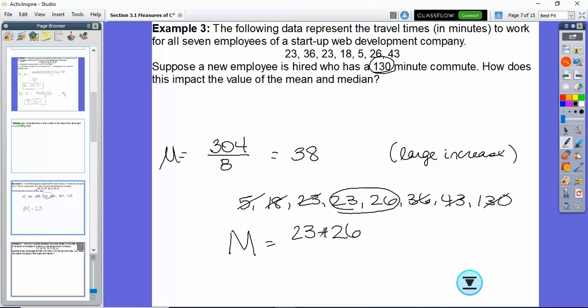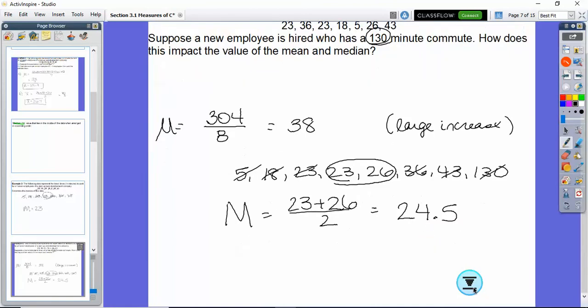So we have to add those up, divide by 2, I get 24.5. How does that compare to the previous one? Yeah, it's a small increase.